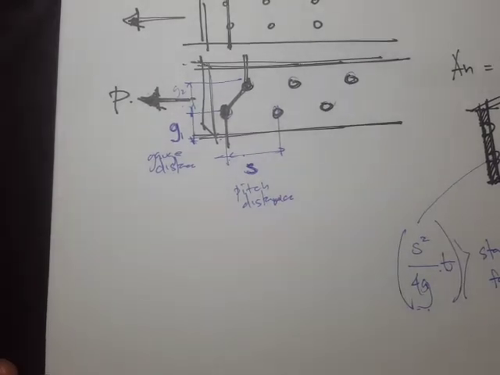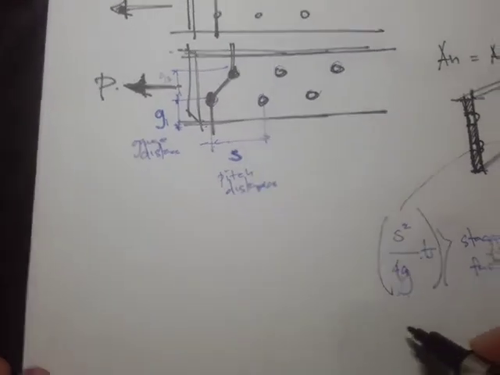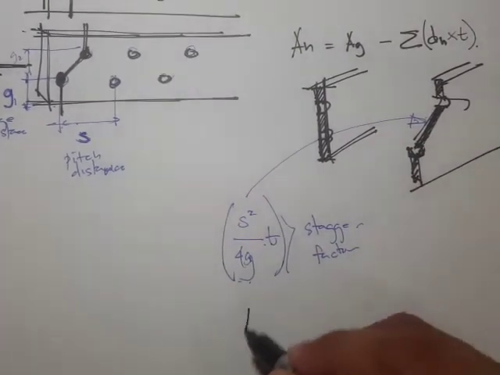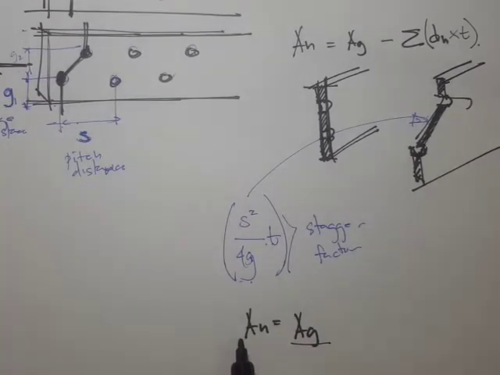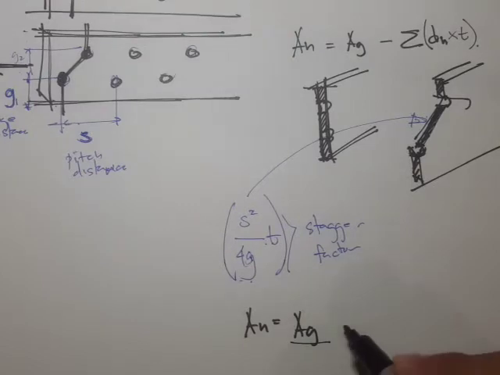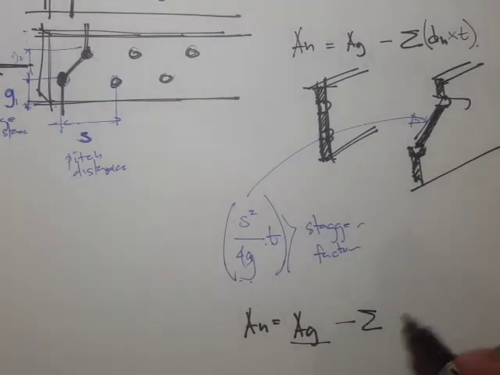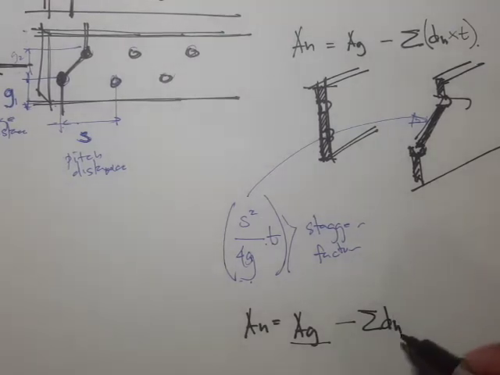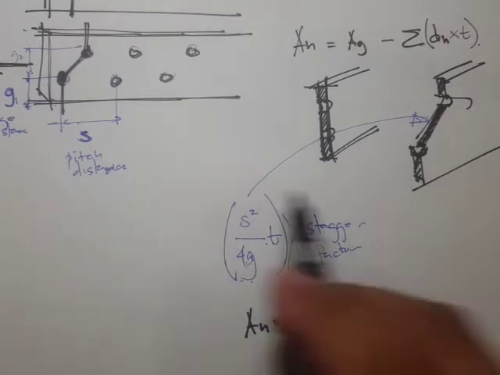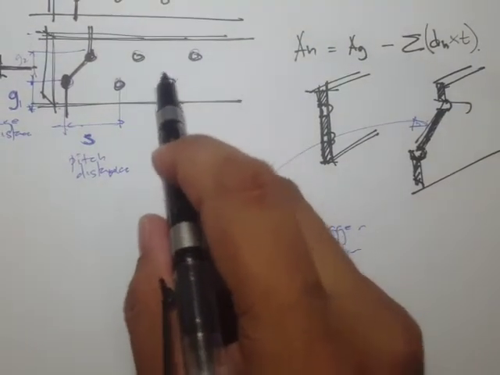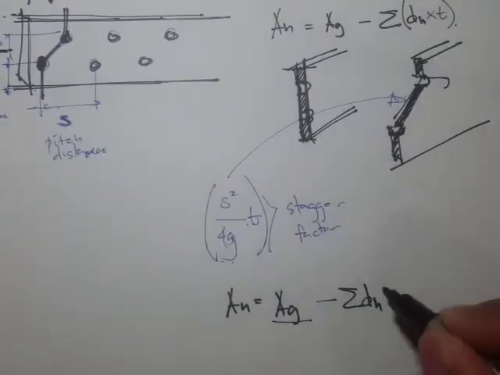Therefore, our equation will be A sub n equals A sub g, the gross area, minus the summation of the area of the bolt holes. By the way, when I say area of the bolt hole, I'm referring to the cross-sectional profile provided by the bolt hole, and not this circular area, not that one.